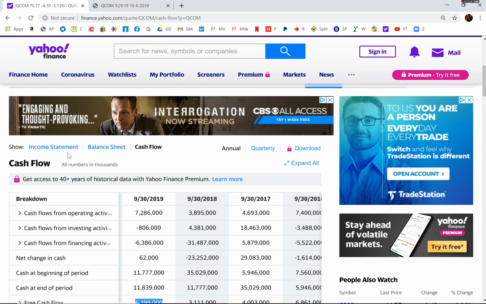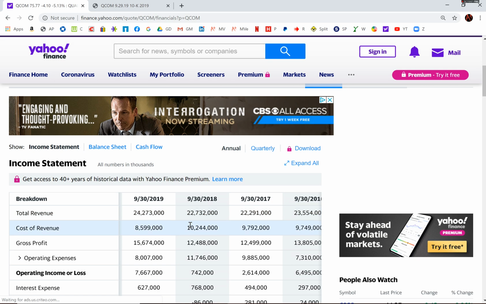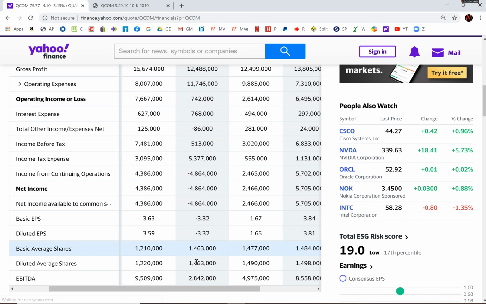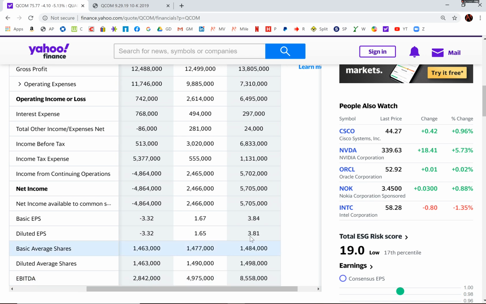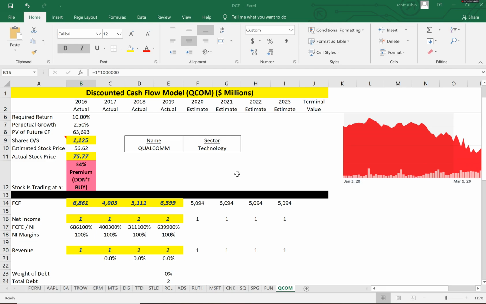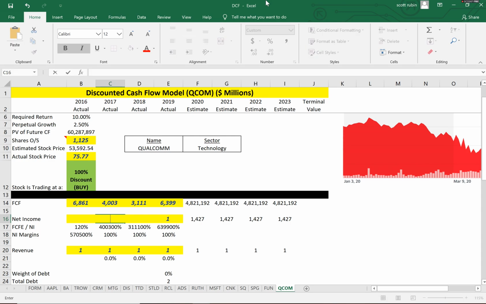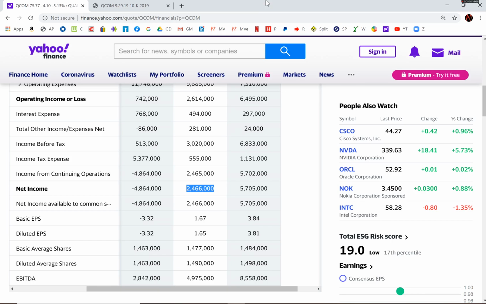Now let's look at the net income. And as you input numbers, you kind of see things about the company which could help. So let's see, the net income from 2016 is 5.7 billion. The numbers in Yahoo are in thousands, so I have to add 3 zeros. 2017, 2018, they took a loss.